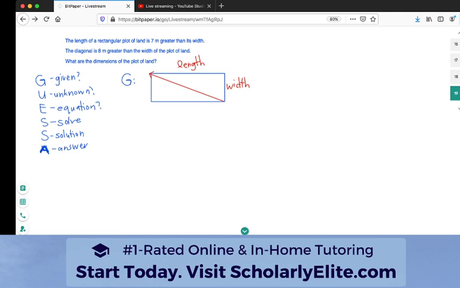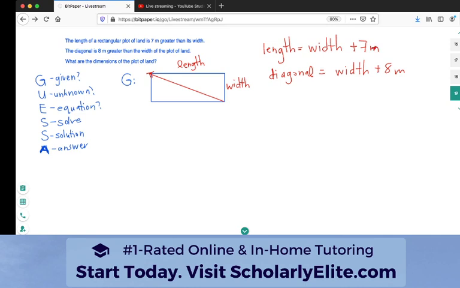Good enough. Close enough. So, they've told us a couple of things. We know that the length is equal to the width plus 7 meters. We know that the diagonal is equal to the width plus 8 meters.